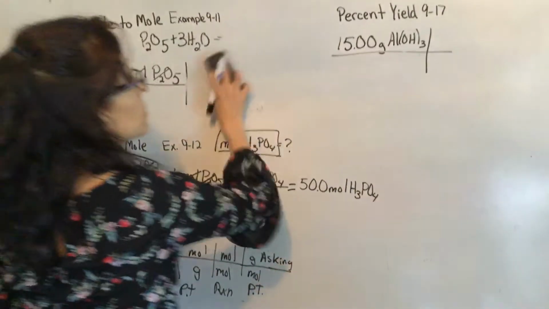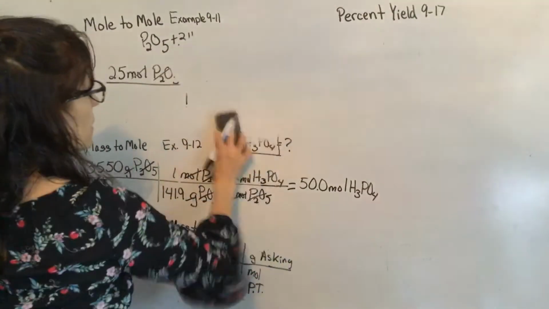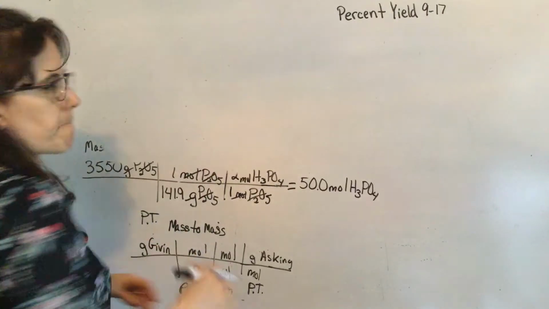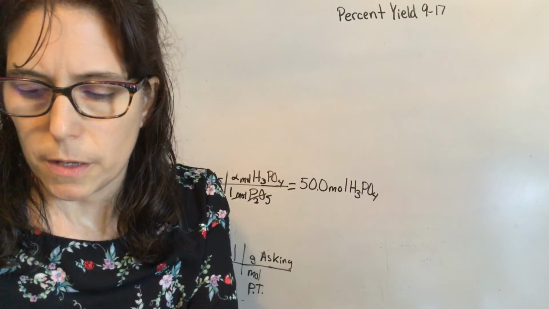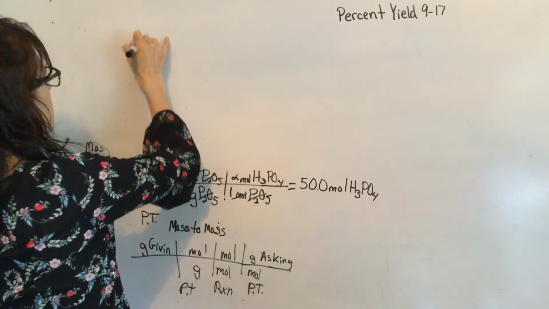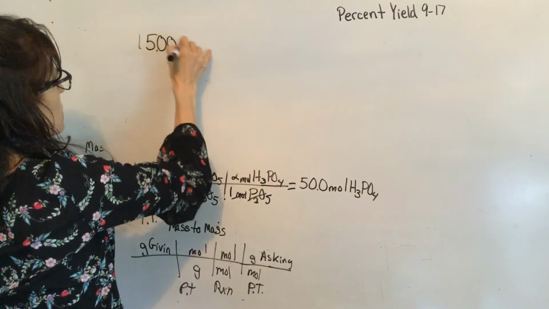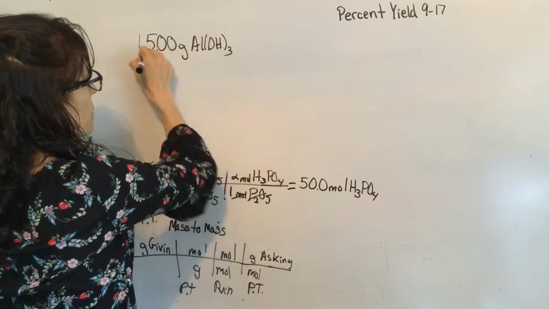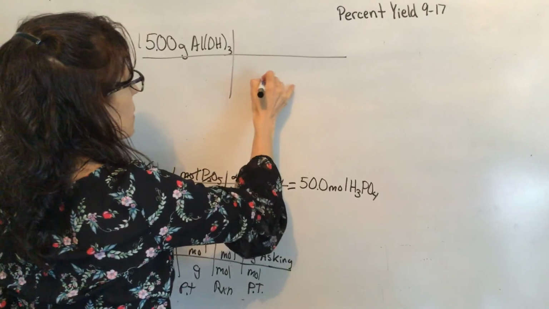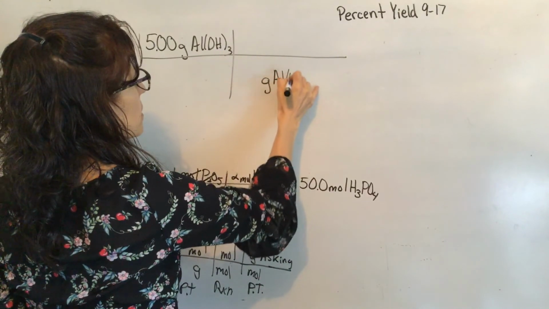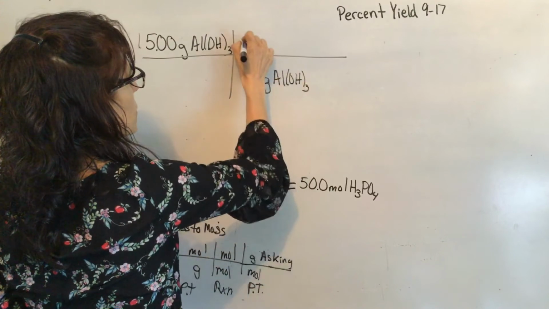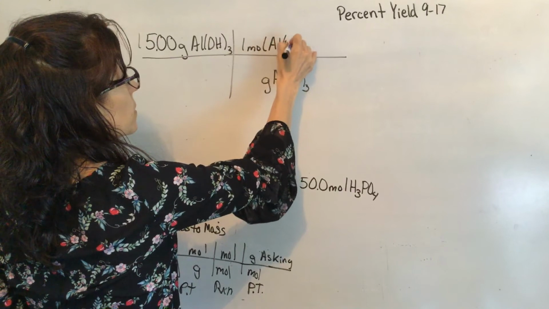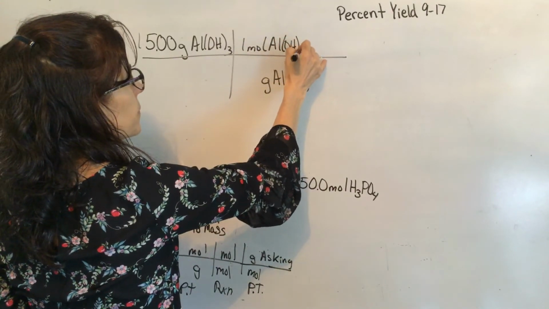That's what it's asking. So we need to go through a whole mass to mass calculation. And I'm going to make some room here. So 15 grams of aluminum hydroxide. All right, first step, grams of aluminum hydroxide to moles of aluminum hydroxide, and it'll be 1 mole because that's what we're going to find the molar mass of, is 1 mole.